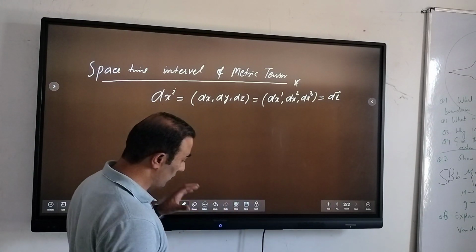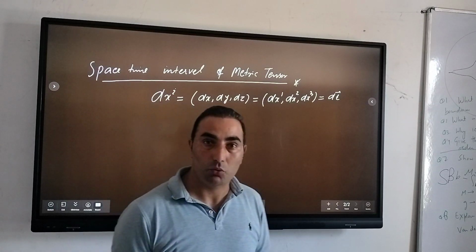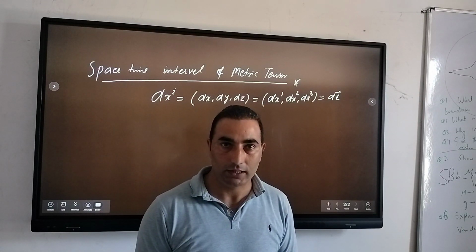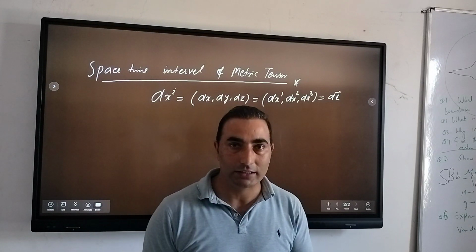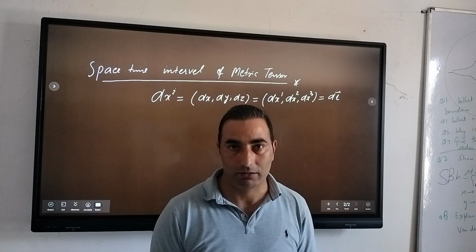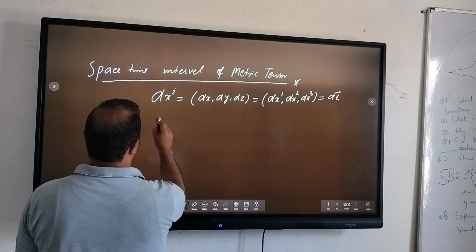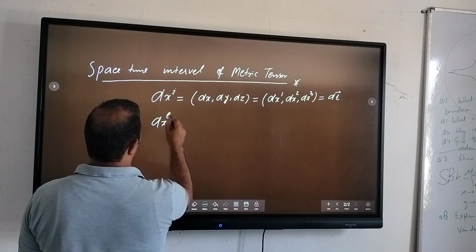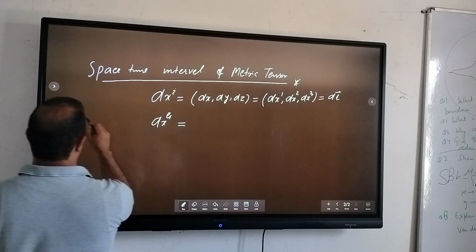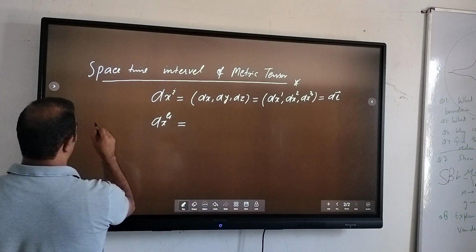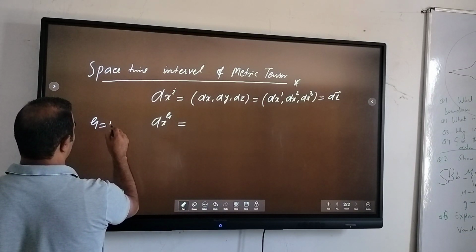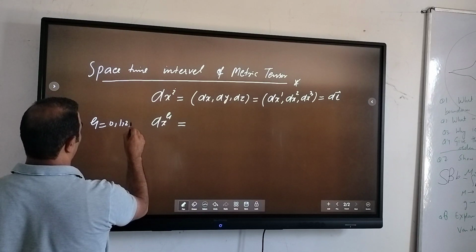Now, if you write the length element in four-dimensional space, that means you are writing the four components of that length element. Let us represent that as dx^mu, where mu goes from 0, 1, 2, and 3.